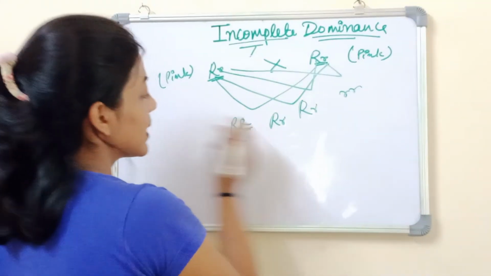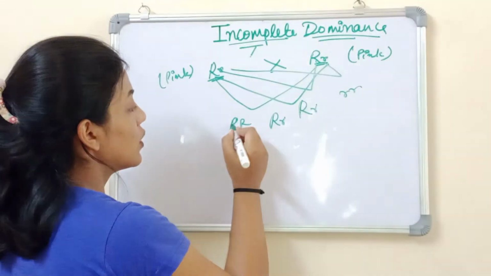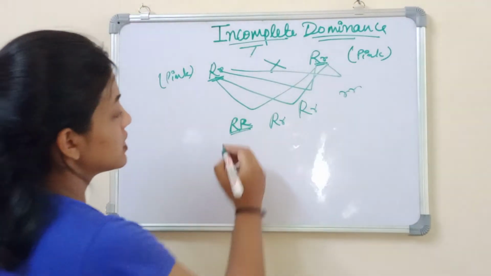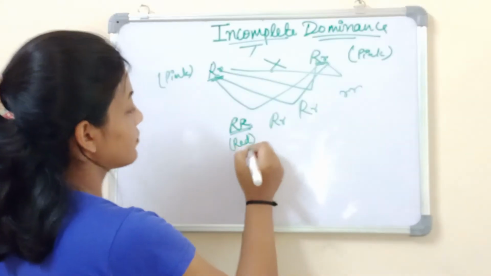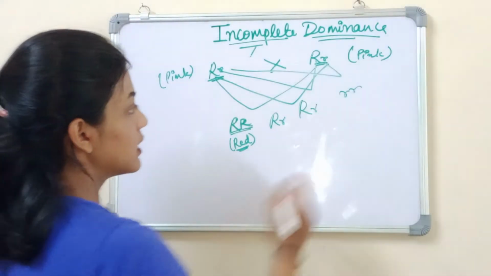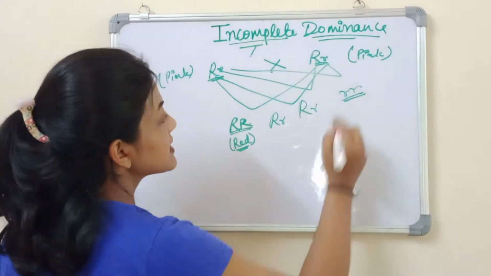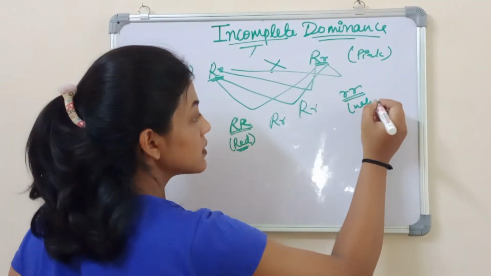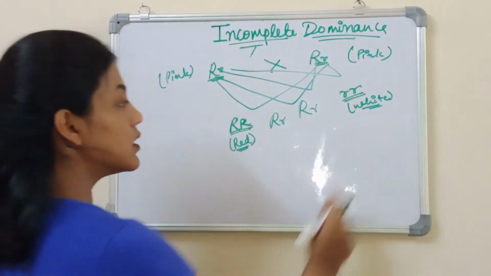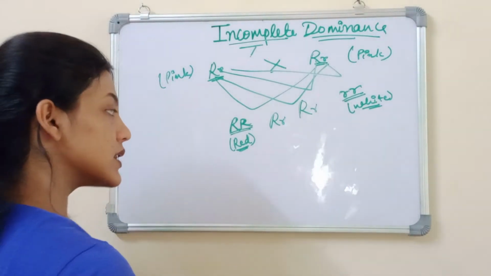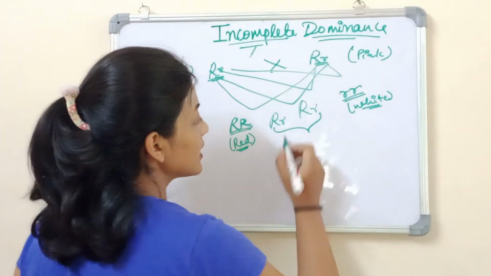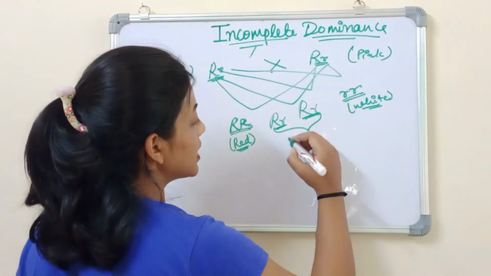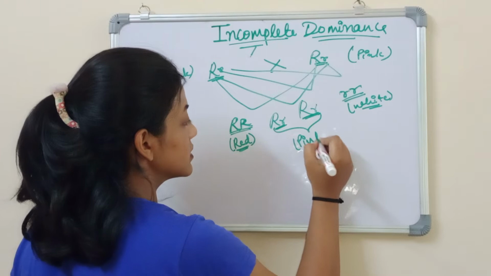So this is the homozygous state where capital R is present, so it was red, right? One of the parents was red. Now this small r will be white, and one of the parents was white, right? Now these two are in the heterozygous state, and this heterozygous state produces pink colored flowers.